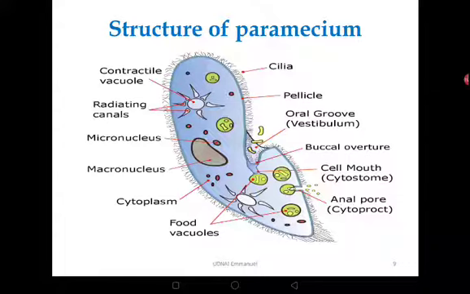The oral groove or the mouth, the cell mouth or the cytostome, that one is for ingestion of particles. It's not like the amoeba where ingestion is done by engulfing using the pseudopodia, the pseudopods.